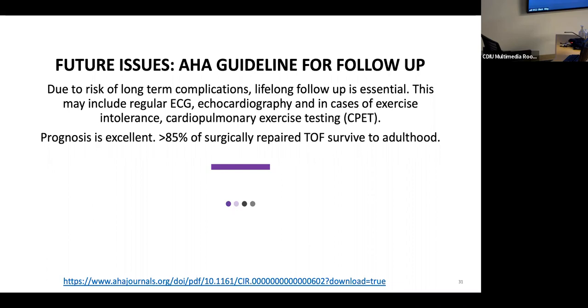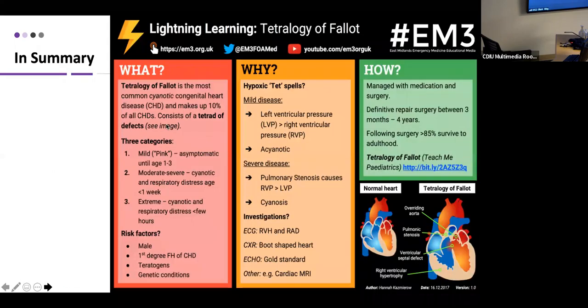Our last slide here is just a summary. It goes over the key important facts to remember for tetralogy of Fallot. So I'll do a quick summary on this. It explains again that there are categories of tetralogy of Fallot, including mild, moderate, severe, and extreme.